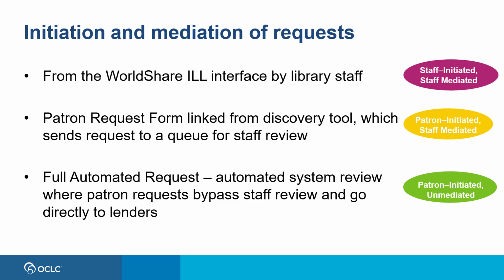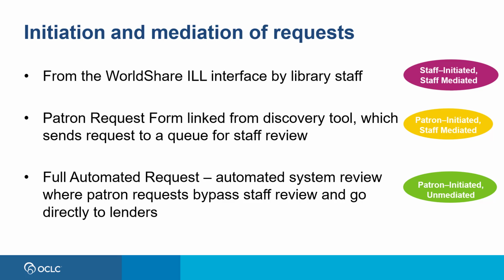The last combination of request process is a request submitted electronically by a patron, which is then fully filtered through the automated request manager according to your library configurations in the system to be automatically sent to lenders. This is said to be a patron-initiated, unmediated request, since the borrowing library staff technically do not have to process the request until it has been filled by a lender.